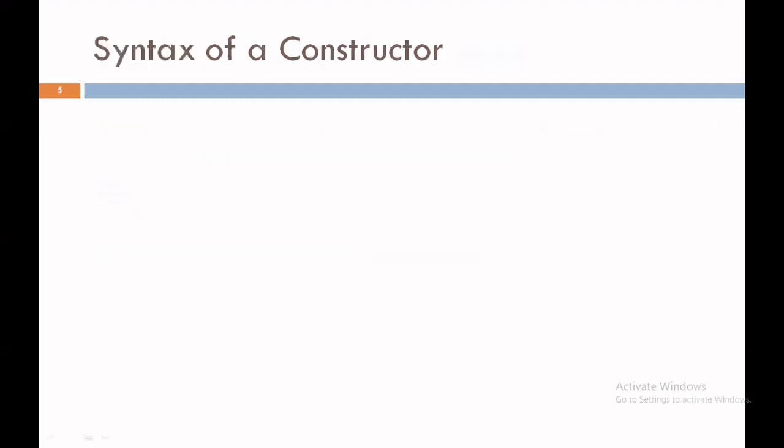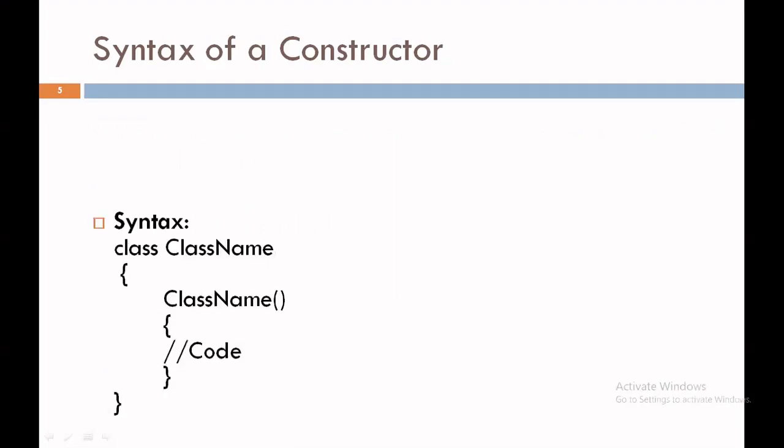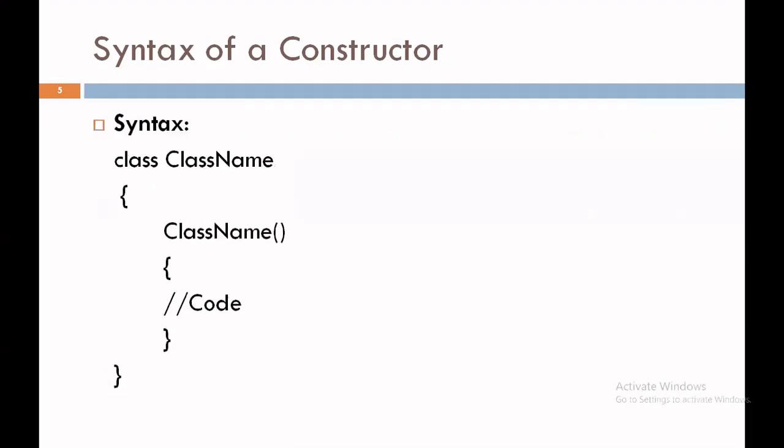Now we discuss the syntax of a constructor. That means how to declare a constructor in Java. We all know that a constructor is declared in a Java class. So first of all, we have to create a class using the class keyword and specify the name of the class.